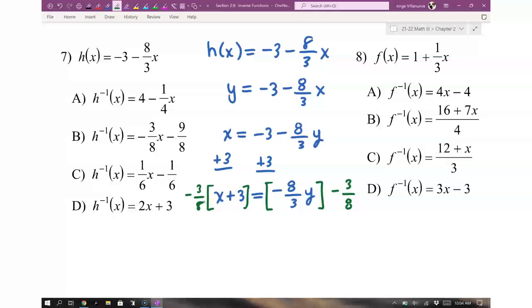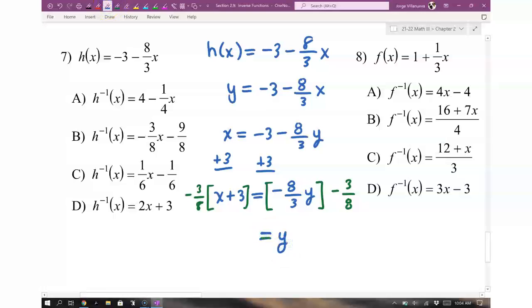Because what's negative 8/3 times negative 3/8? What is that equal to? That's a 1, right? So that's nice. I make my fraction disappear on one side, right? So that's a 1. So all that happens over here is I have a y left over. I just got a y.